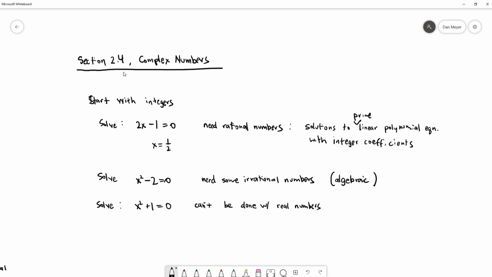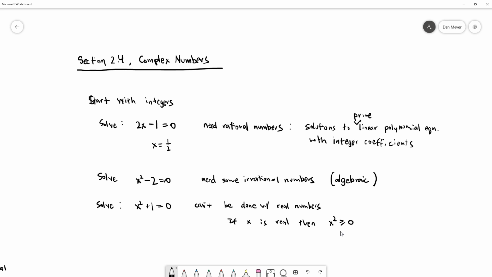In particular, let me just use x. If x is real, then when you square it, when you multiply it by itself, it's always going to be non-negative. And if you add 1 to that, it's always going to be bigger than 1.